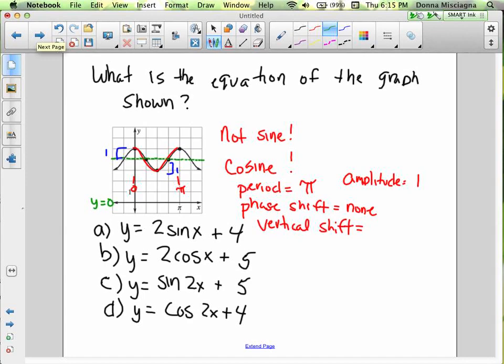Right? Before it's been shifted, that's the midline. Now let's look where the midline is. 1, 2, 3, 4. So now the midline is 4. That means the vertical shift is also 4. So the vertical shift is the same as the midline.